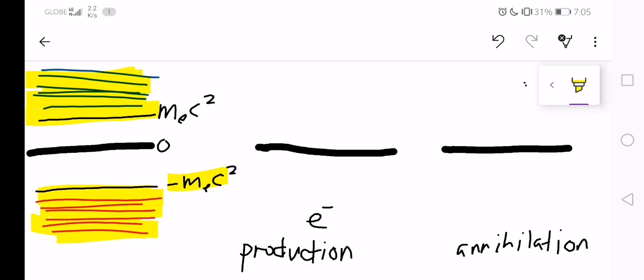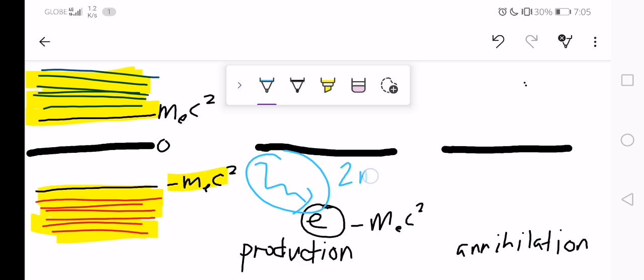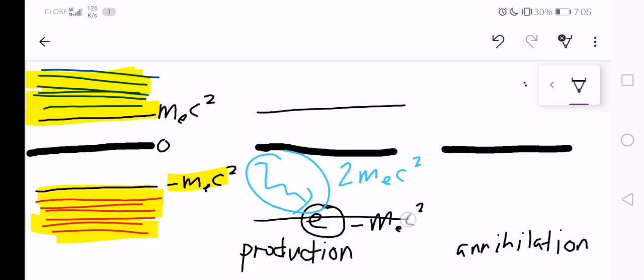So if we have an electron in the negative energy state, with an energy of minus m_e c squared, and then you apply a photon, giving it an energy of 2 m_e c squared, this electron will jump from this state to this state. This is 1 m_e c squared, this is another 1 m_e c squared.